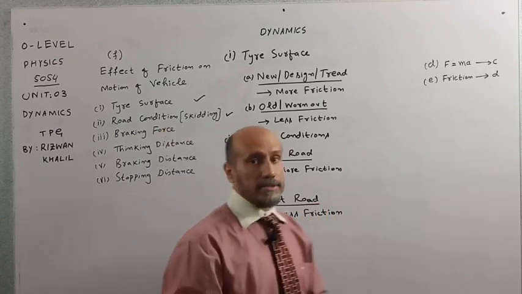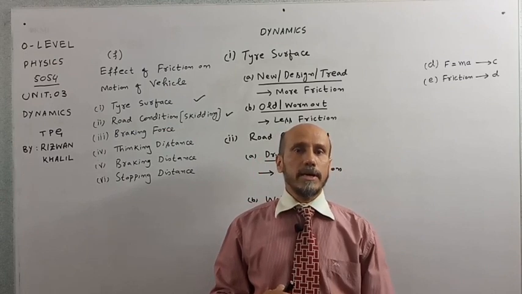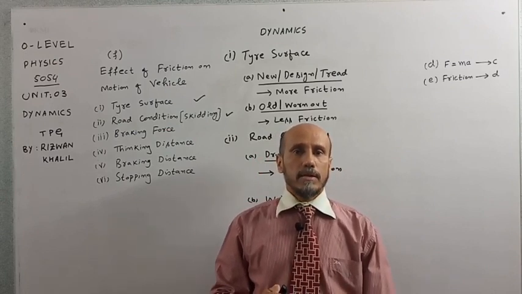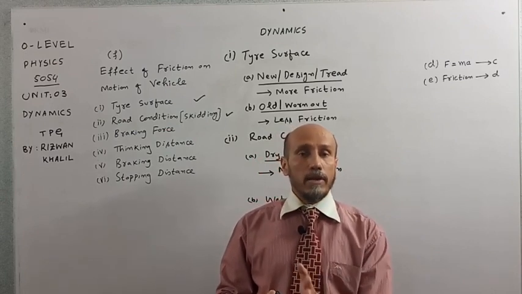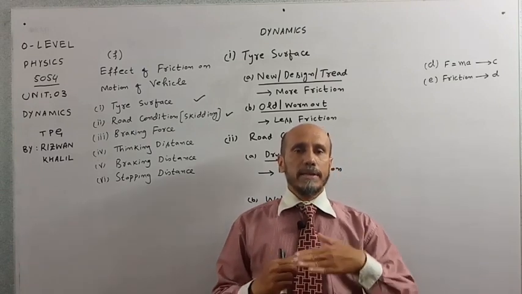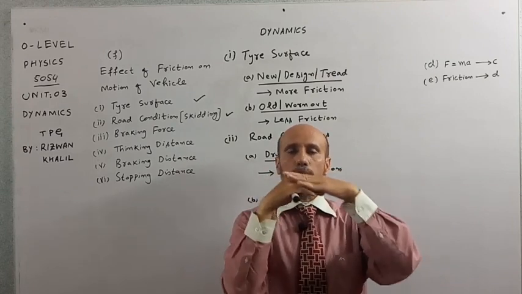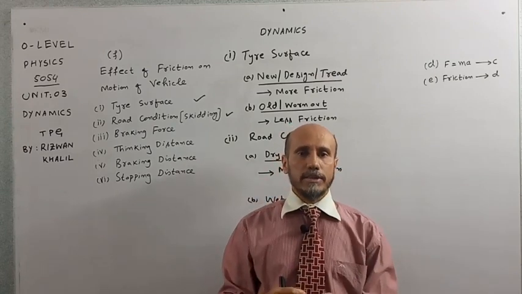Why does a wet road have less friction? Because liquid reduces the friction. While roads are wet, there is definitely a layer of water between the surface of the tire and the surface of the earth. So that layer of water reduces the value of friction.